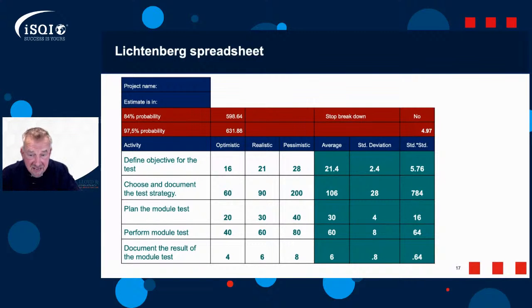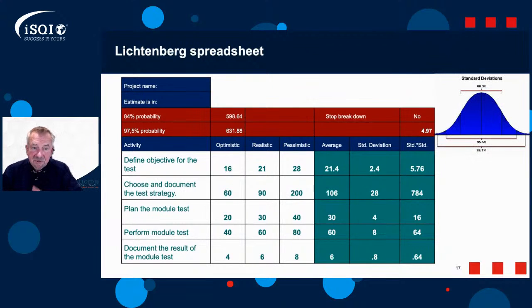It works out your standard deviation, and it then tells you your confidence rating in that estimation. Because with standard deviation, we have what are called percentiles. We have a 97% percentile, we have an 84, we have a 68, we have a 95%. So it's to do with the confidence in that particular number.